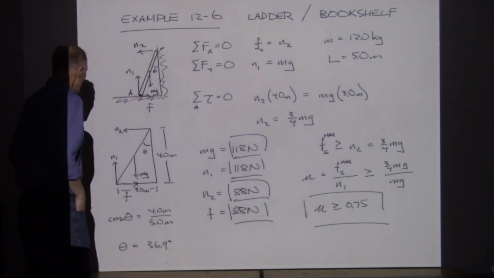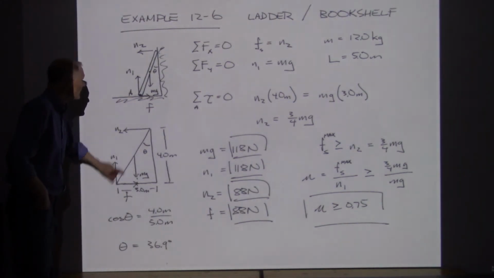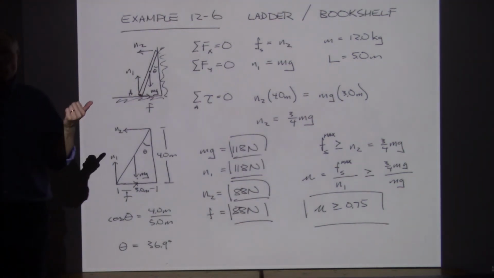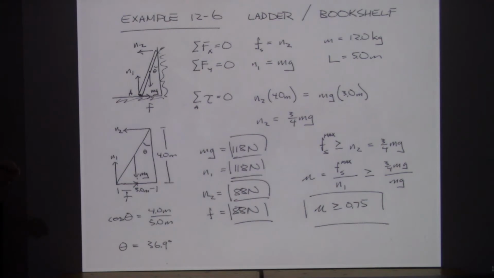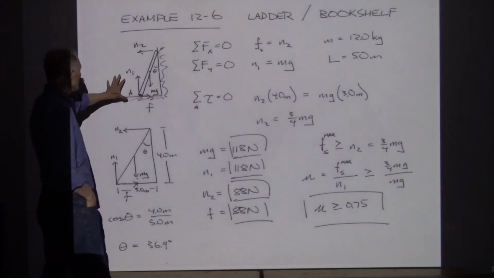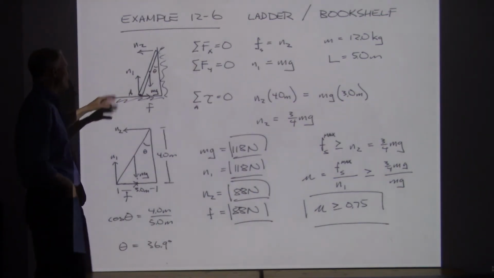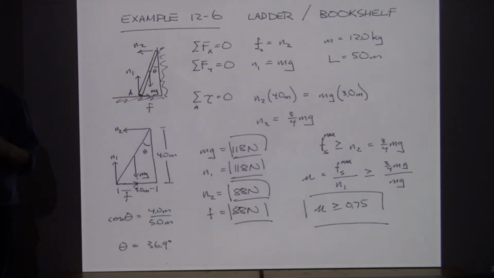Here's our picture of what's going on. Now this is the ladder. Notice I've drawn 2 diagrams, and I kind of like this approach. You could try it out and see what you think. I drew one with the ladder actually in place. Often the most difficult thing on these problems is determining all the lever distances. How do I keep track of all the lever distances?